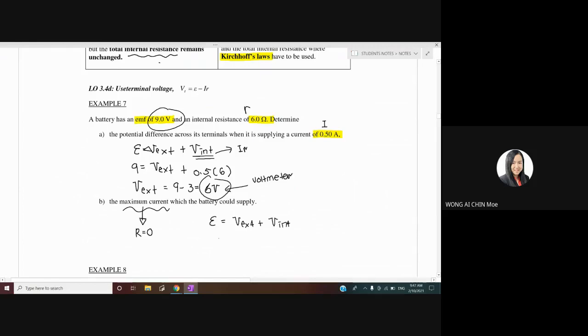EMF is 9 volt, V external is equal to IR, V internal is equal to I small r. Because you want maximum current, your R must equal 0. So your I maximum will equal 9 over internal resistor 6, which is 1.5 ampere.